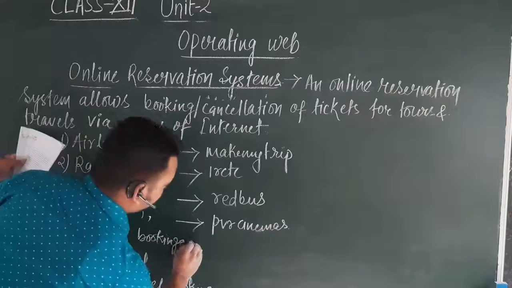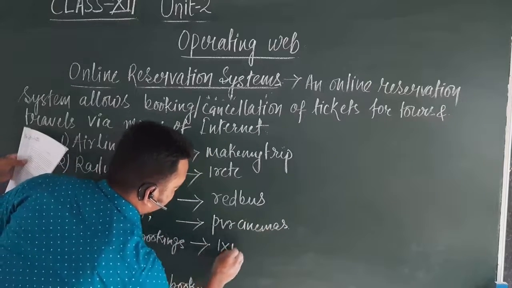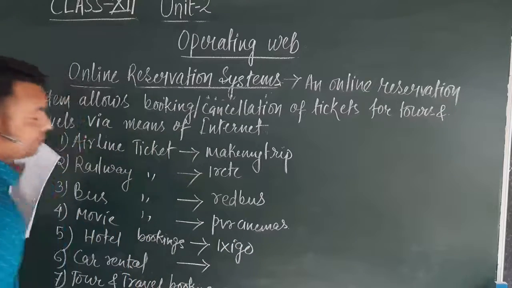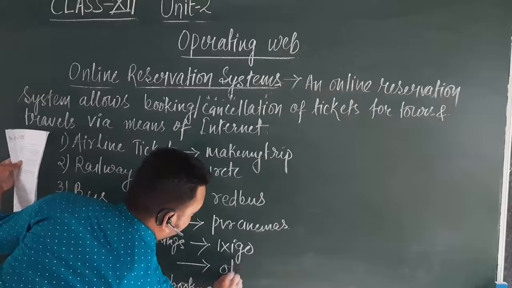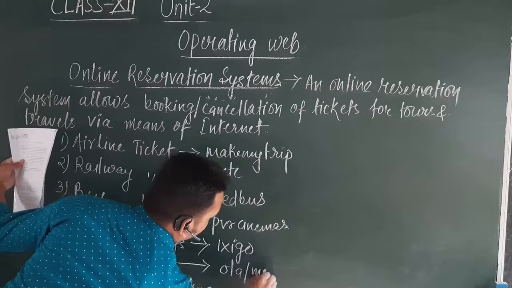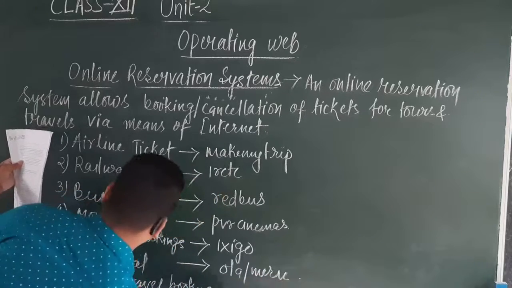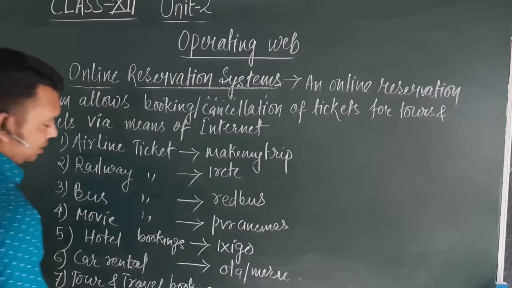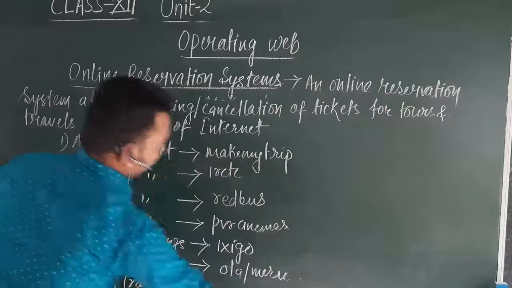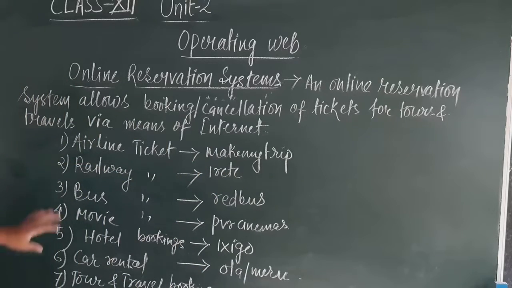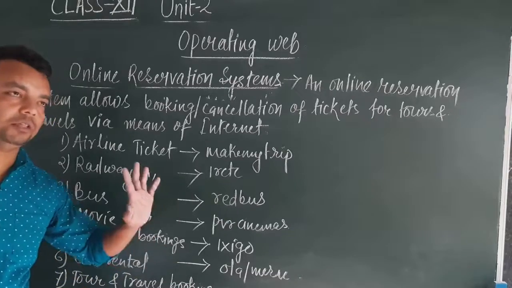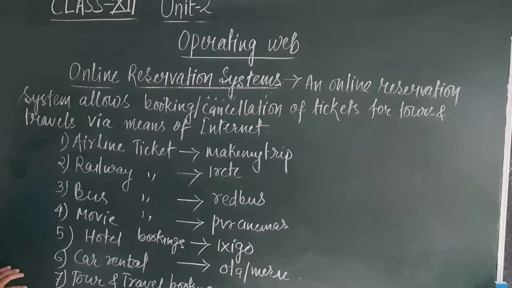And for hotel booking, say Ixigo. Car rental, say Ola, maybe, etc. And for tour and travel booking, a few agencies are there. Okay, I don't remember actually, so I have not written. You can search it over the internet and note it. So this is the concept of online reservation system.